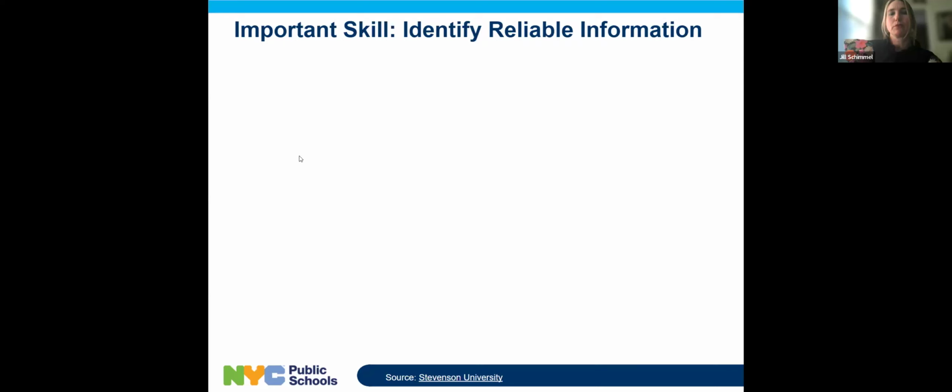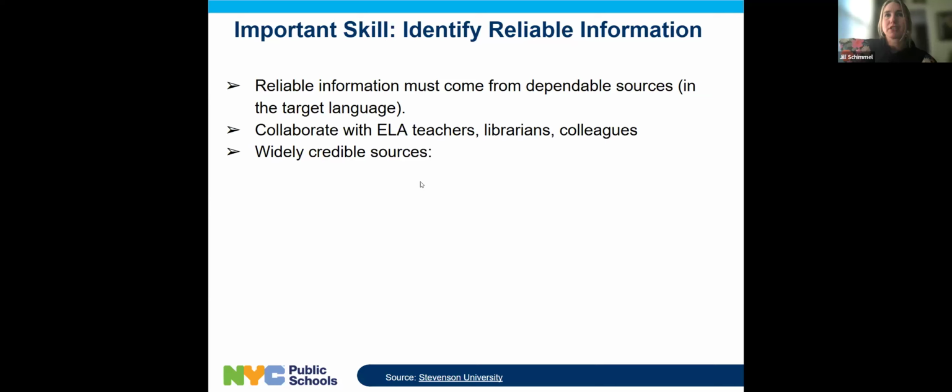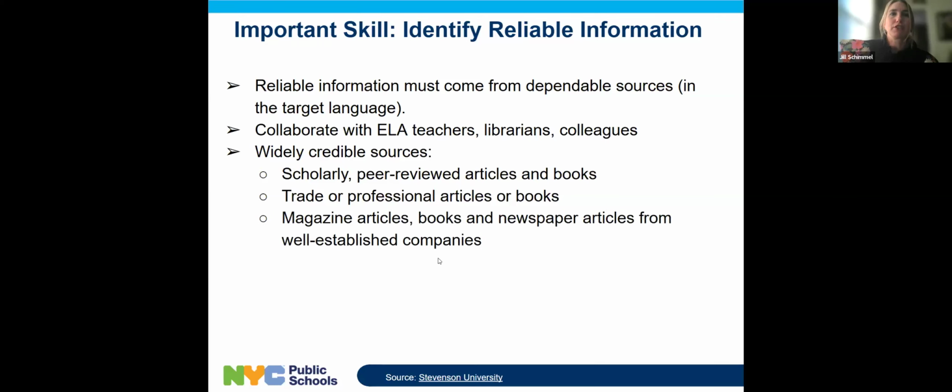Yeah, Victoria, Part 1 is now called Part A, and it's essentially the same as last year. So part of Part B, and we won't go too much into this, but your information needs to come from dependable sources. And that's where your collaboration interdisciplinary does come in. Scholarly peer-reviewed articles and books, professional articles, magazine articles, government websites.